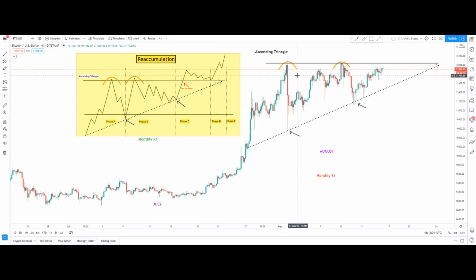Why? Because if you look at this scenario here and look at this scenario here on the left hand side, you can see this example here of how reaccumulation usually looks. This ascending triangle formation, before we started forming this ascending triangle, price tested this upper line of this ascending triangle, forming a double bottom scenario.